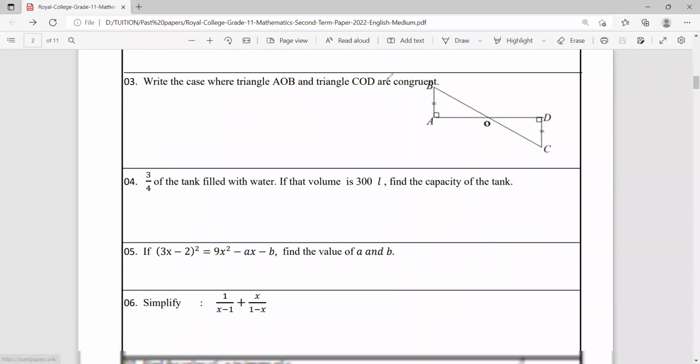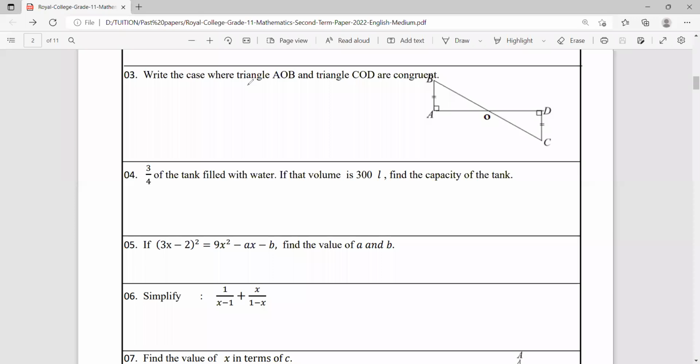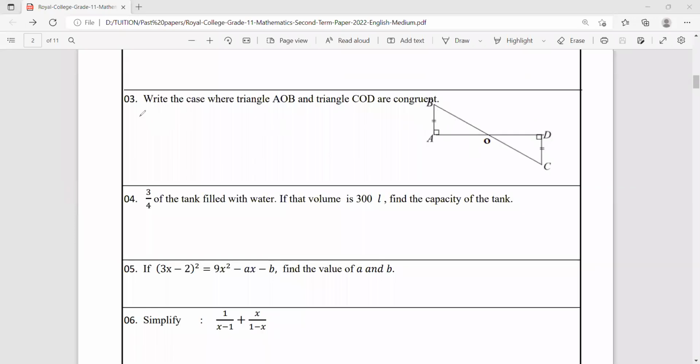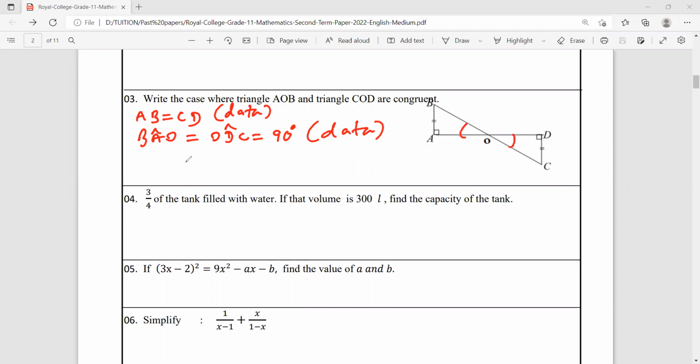And in this case, you can see that AB is equal to CD, it is data, and you can say angle BAO equals angle ODC equals 90, which is data, and this angle is equal to this angle because they are vertically opposite angles.